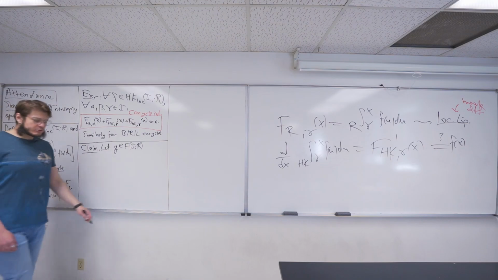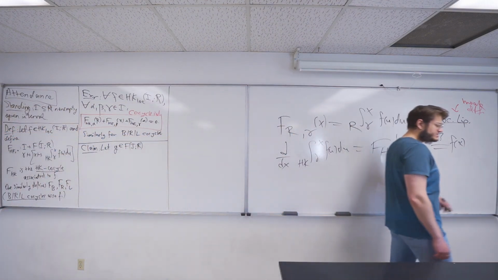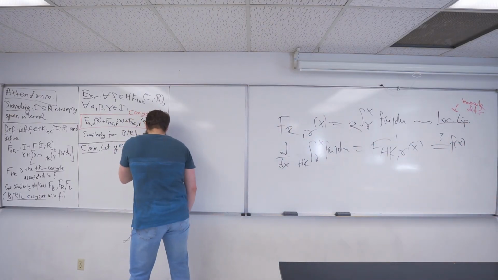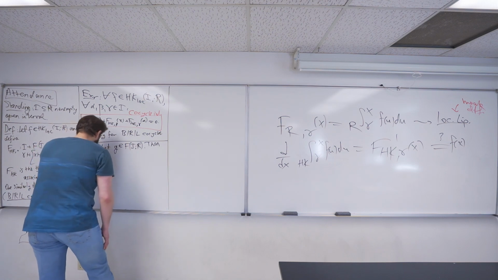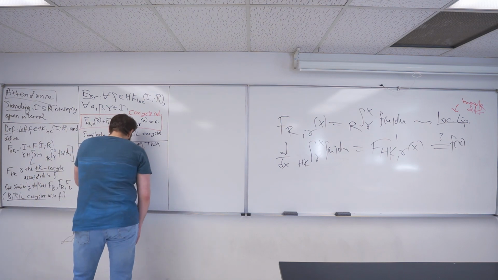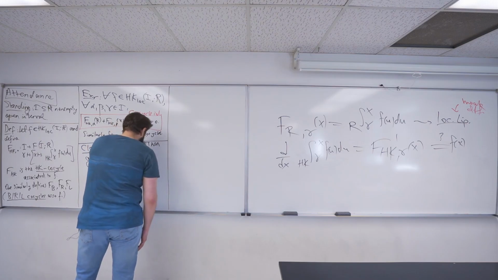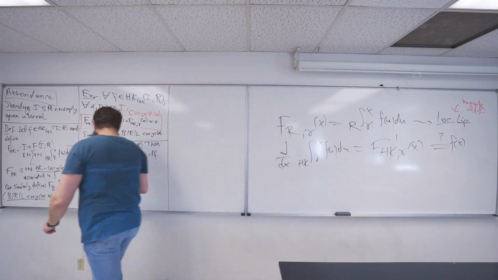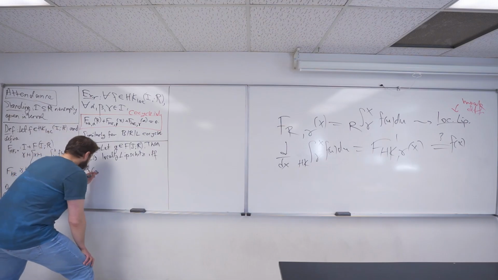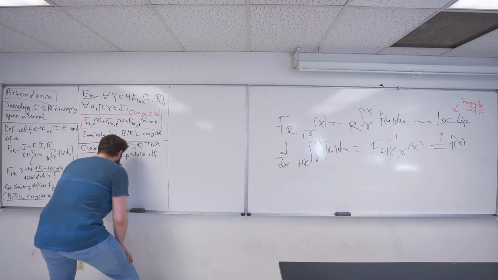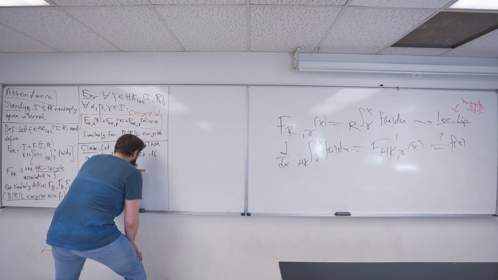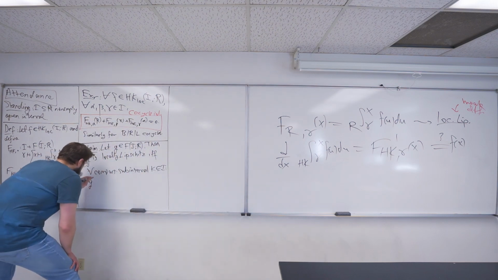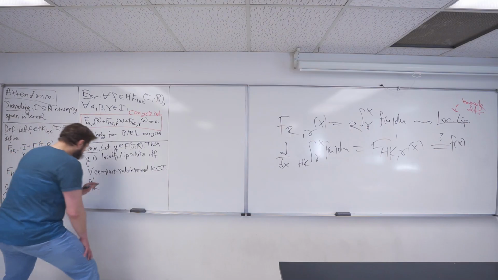Then G is locally Lipschitz if and only if it is Lipschitz on each closed and bounded subinterval, if and only if for each compact subinterval K in I, G restricted to K is Lipschitz.